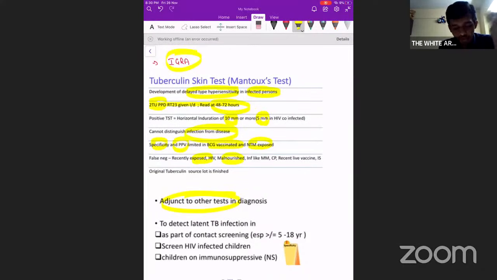One more use is to detect latent tuberculosis infection. It is helpful as part of contact screening, or to screen HIV infected children or children on immunosuppressives. If we have to start them on steroids and the CB-NAT report is late, then the tuberculin skin test can be helpful.